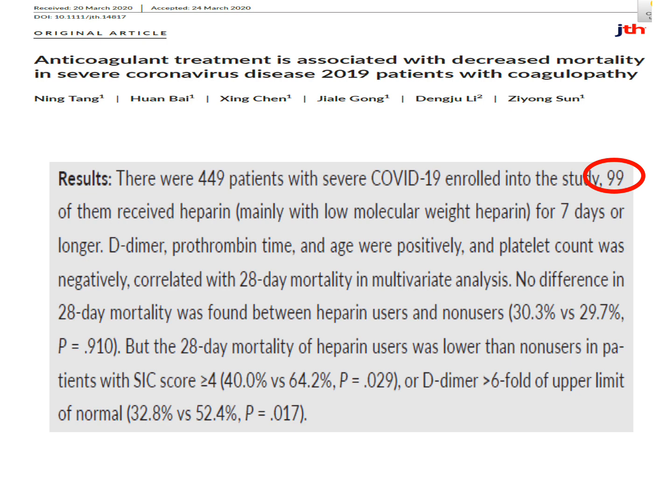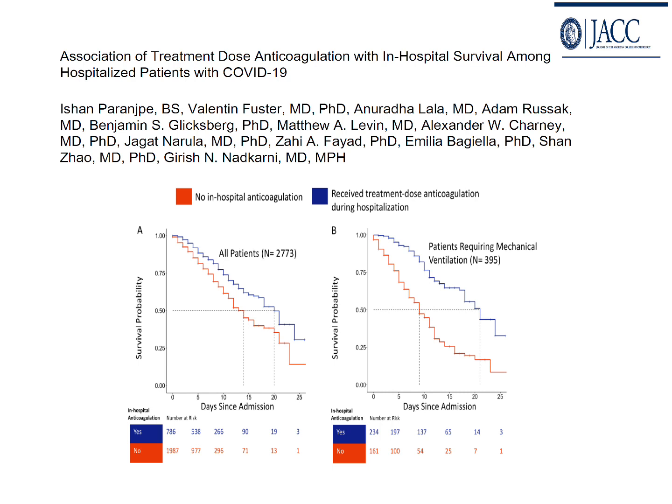Most of those patients are ward patients. There are also studies showing that patients who received therapeutic anticoagulation, treatment dose anticoagulation, may have a better mortality, especially if they are mechanically ventilated.